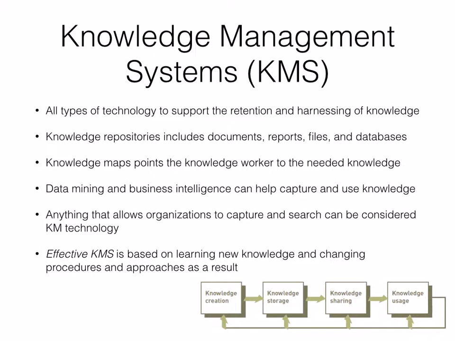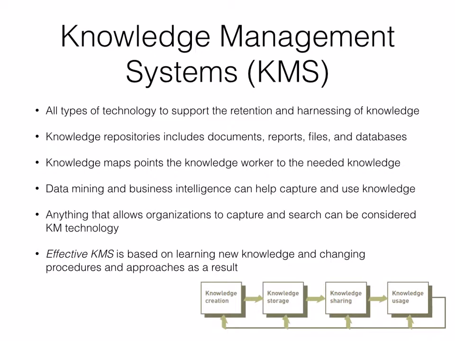And effective knowledge management systems are based on learning new knowledge and changing the approaches and procedures that you have in an organization as a result of that understanding. So having something that can actually allow an organization to take action is critical for an effective knowledge management system. In the graphic below, you create knowledge, you store it, you convert it from being tacit to explicit, and then you share it, and then actually use it to do something with it.